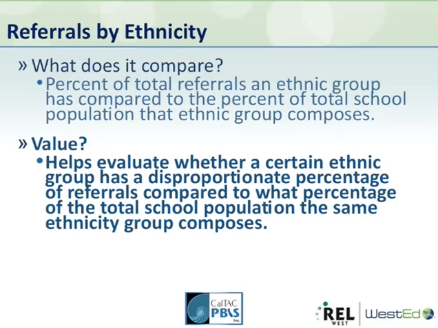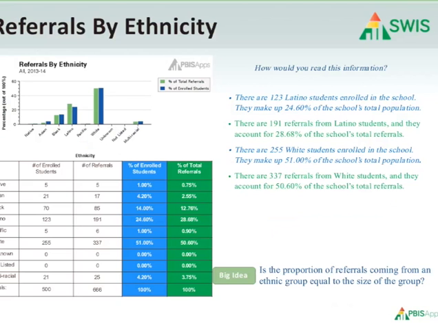So really, what does this do for us is it helps us evaluate whether a certain group has a disproportionate percentage of referrals compared to what percentage of the total school population the same ethnicity group composes. It's pretty much of a mouthful, but what data points we're looking at for this would be what percent of the total school population is this ethnicity group, and then we would compare it to what percent of the total referrals does this ethnicity group have.